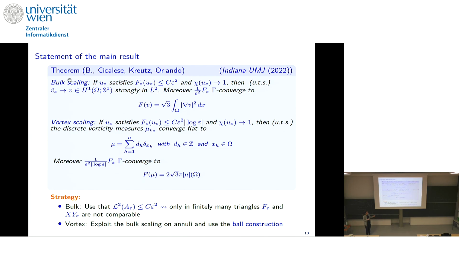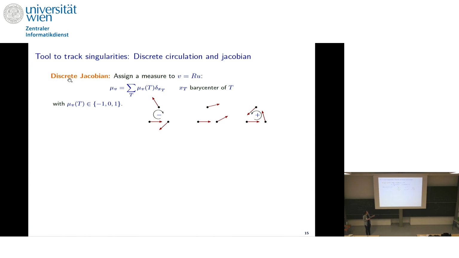And so the idea is to really work with a discrete vorticity measure, which you define locally on every triangle in the discrete, and which essentially tells you, if I go around the triangle, whether I'm covering S1 by rotating clockwise or counterclockwise, or I'm not covering complete S1, and then it's 0.